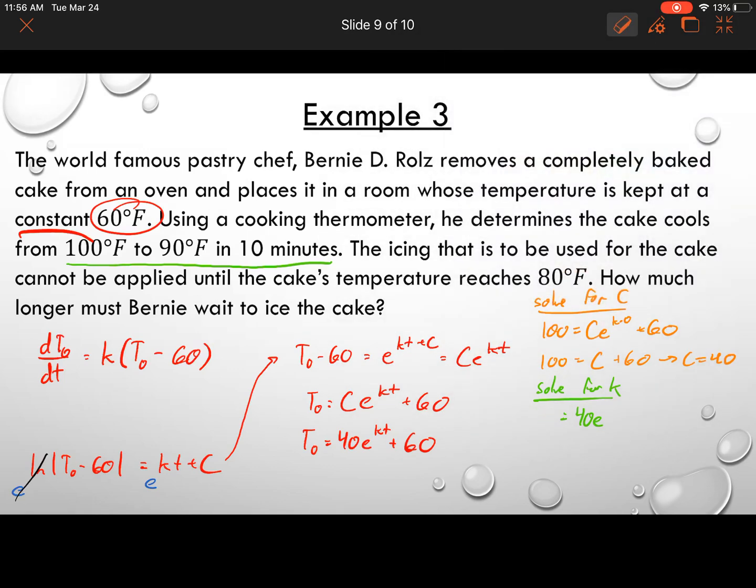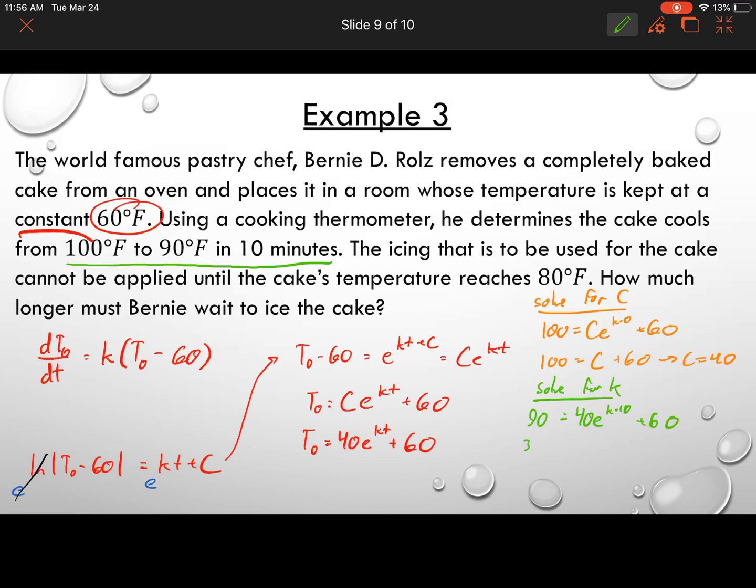So now the temperature is 90, and this is after 10 minutes. I think we're using minutes. So 90 is equal to 40 e to the k times 10 plus 60.